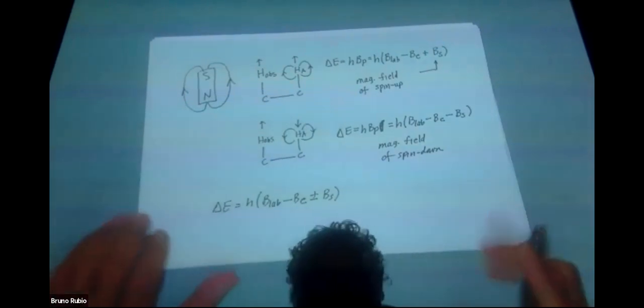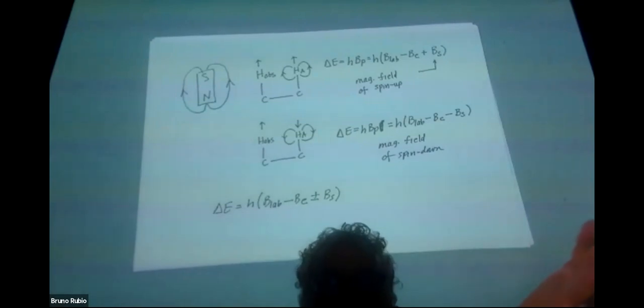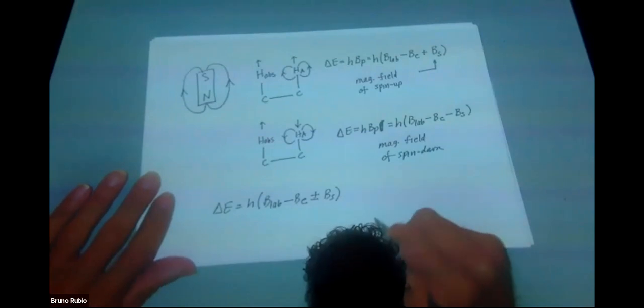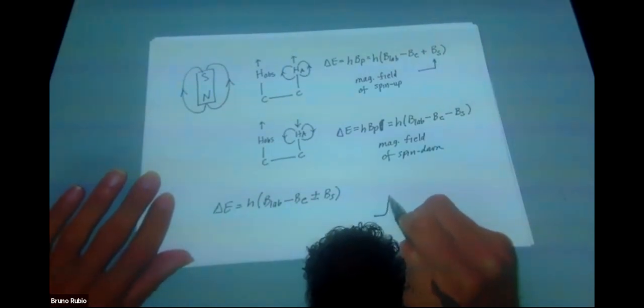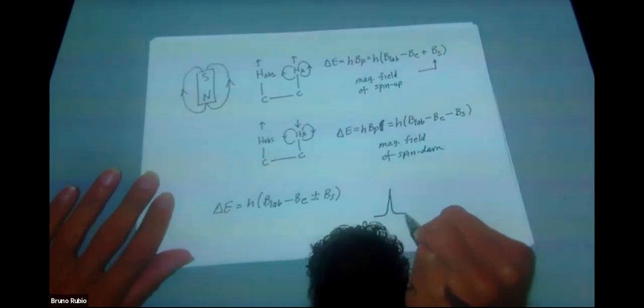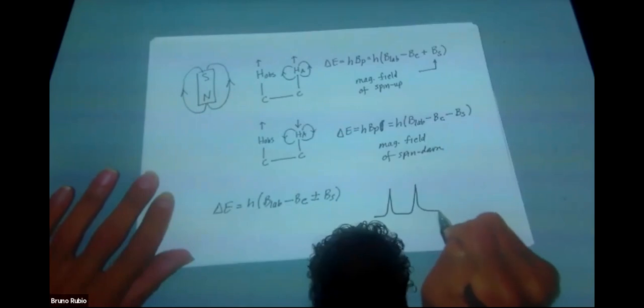plus or minus BS). And so the signal of H observed is going to be split into two components because of the magnetic field of the neighbor non-equivalent proton 3 bonds away. So what we see is two peaks, one of them corresponding to the energy of one of the states and the other one corresponding to the energy of the other state.